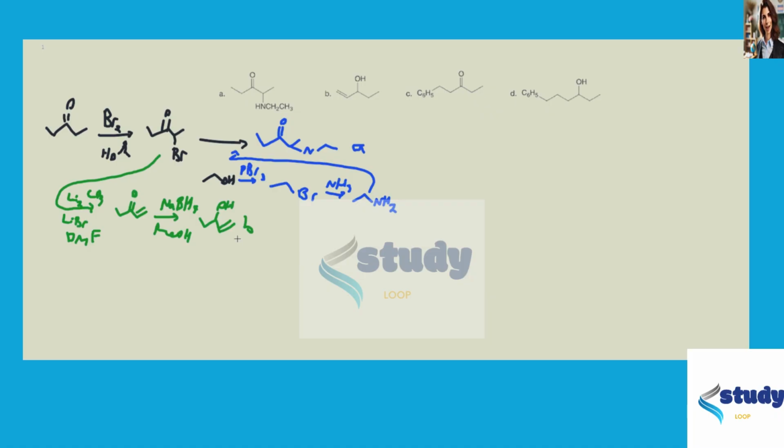So if we start off with benzene, we can brominate this benzene position using bromine and some sort of Lewis acid.